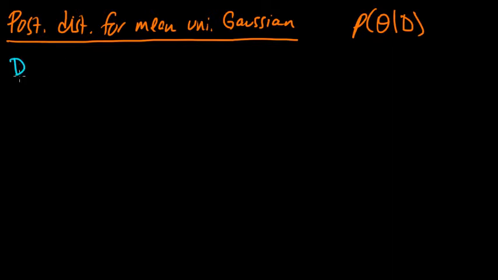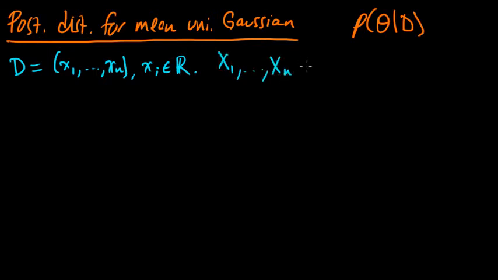All right, so as usual, we've got some data x1 to xn, and here the xi's are just real numbers. And we will model these data by some random variables, capital X1 through Xn, that are distributed according to a normal distribution with mean mu and variance sigma squared. And we'll assume that they're independent, so they're IID, and they're independent given mu.